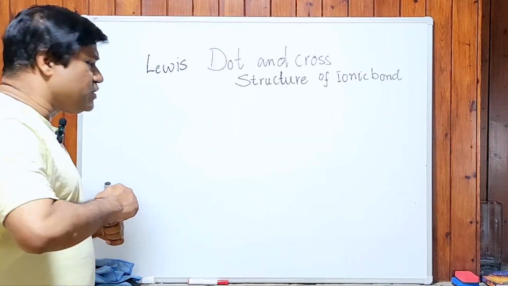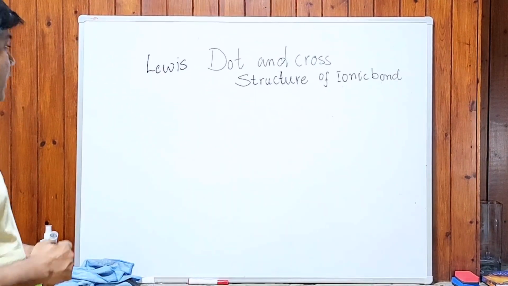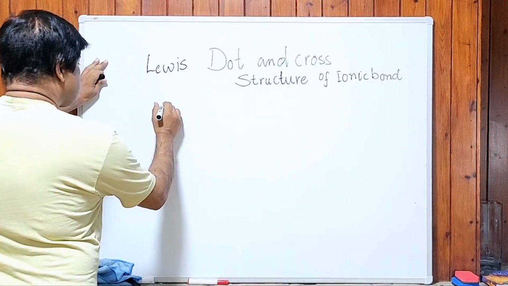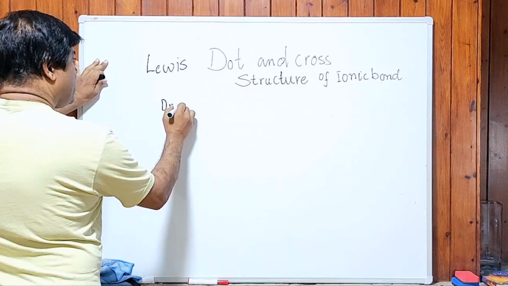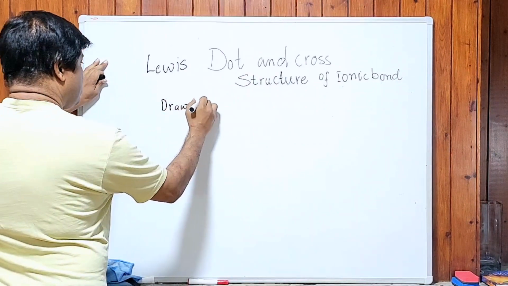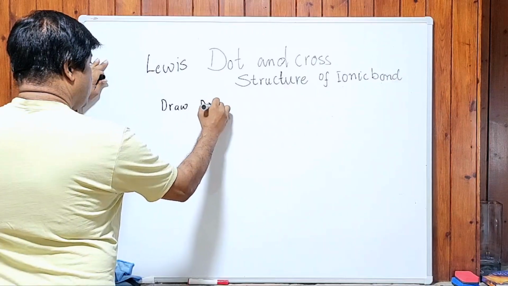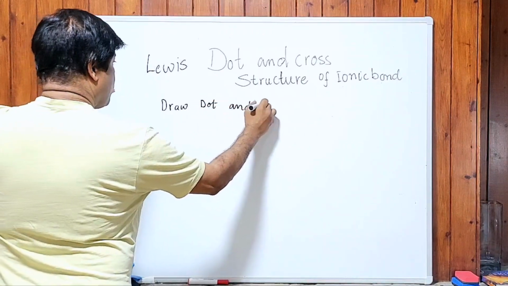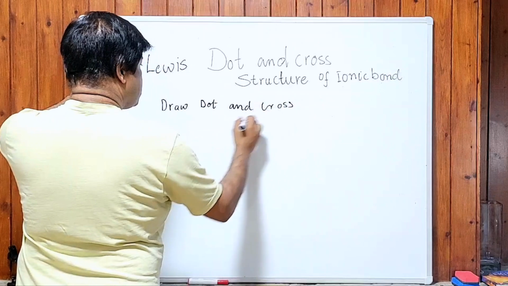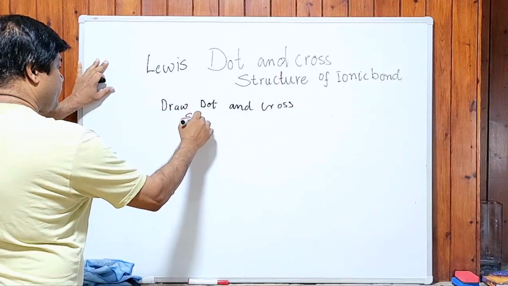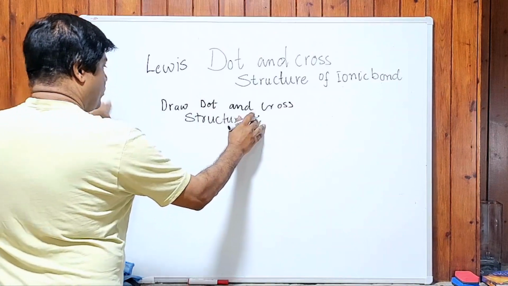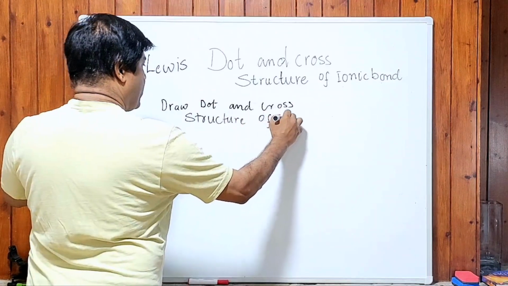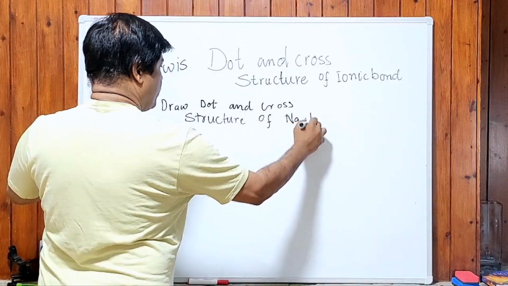Let's start with the basic one. Draw the dot and cross structure of an easy one, NaCl, sodium chloride.